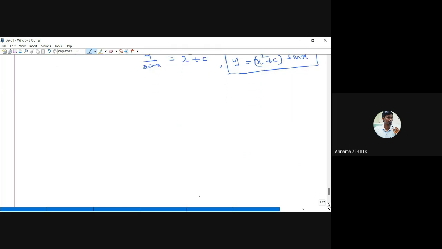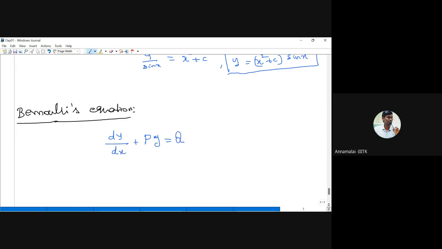Now another type of differential equation is Bernoulli's equation. It's also a very important equation. Here, the first order differential equation is of the form dy by dx plus p times y equals q times y power n.